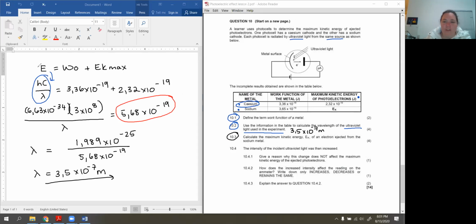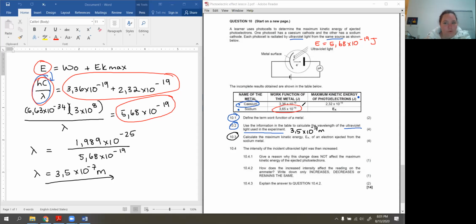All of them are going to have the same photon striking them, and the energy of the photon is 5.68 times 10 to the minus 19 joules, because it's going to be equal to this, which is equal to that value. That means you know that's the energy of your photon.